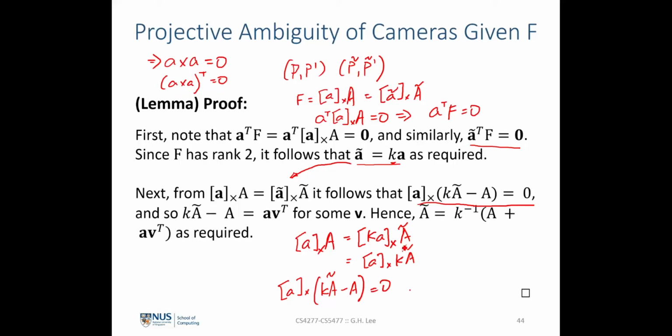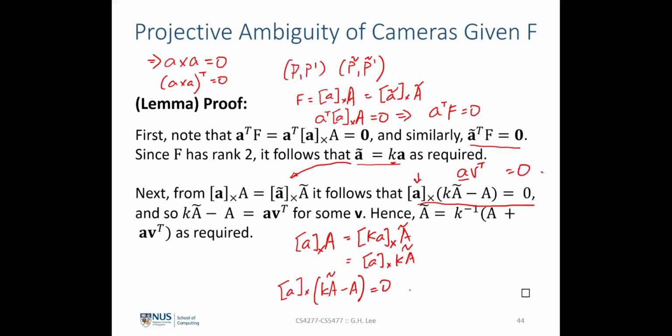So we can simply rewrite this part, k multiplied by a tilde minus a, as a product of two vectors, a and an arbitrary vector v transpose, where a crossed with itself, which is this guy over here, would give us 0.